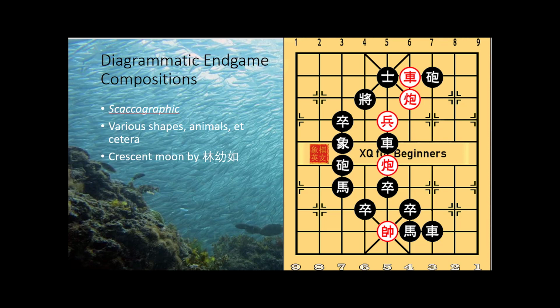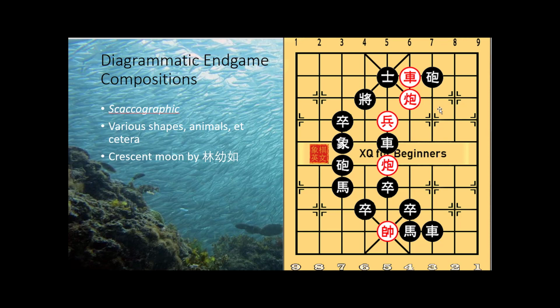Other than the crescent moon, the pieces can also be arranged into animals. I recall seeing an endgame composition whereby the pieces were arranged such that black had a goal post on the black side of the board, and red would kick the soccer ball and attack the black general until a kill was seen.